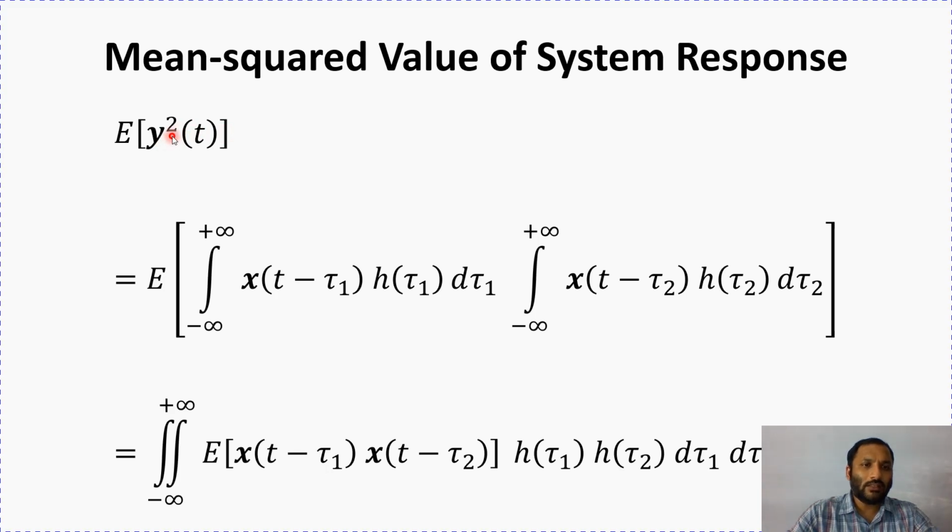Y power 1 is called the first moment. When you have expectation of y square, it is called the second moment of the random process. We used this when we calculated the energy of the input process.